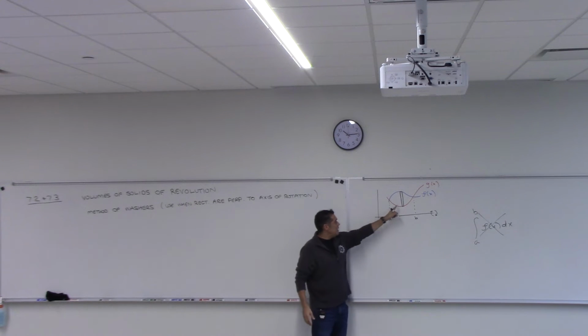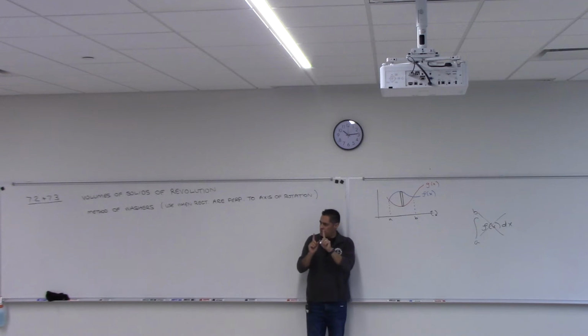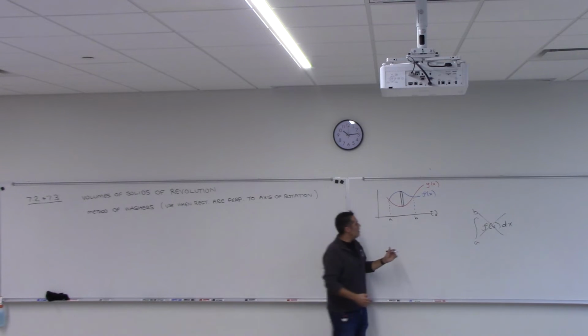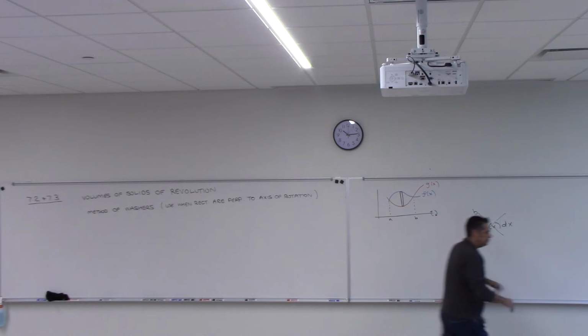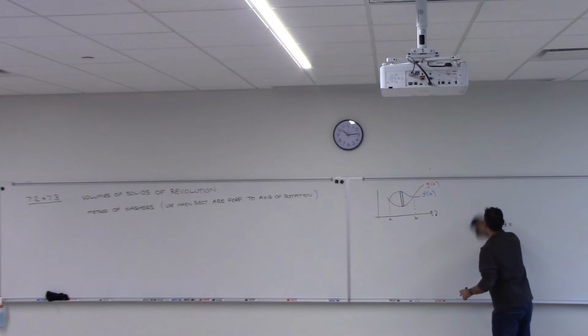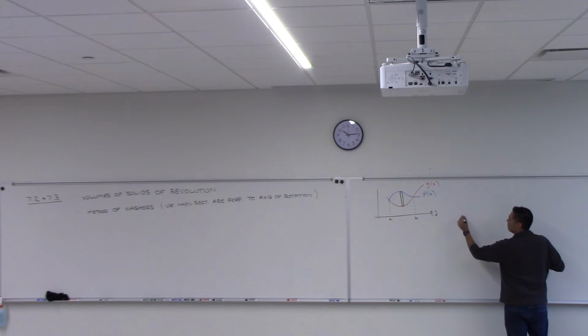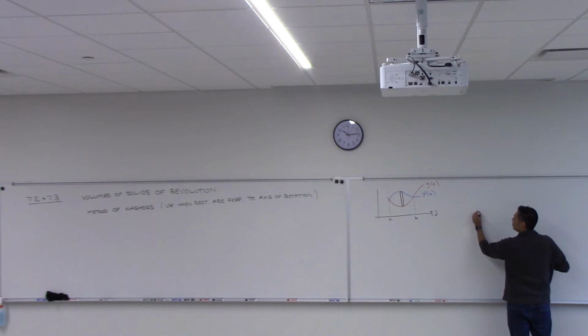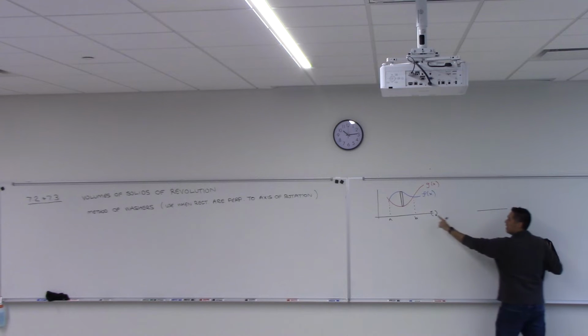So I'm going to imagine taking just that single rectangle and wrapping it around the x-axis. And can you imagine what that shape would look like? A washer, right? It would look like a washer. So I'm going to come over here to the side, and I did this with areas when we were doing 7.1. I'm going to draw the x-axis again. There's my x-axis.